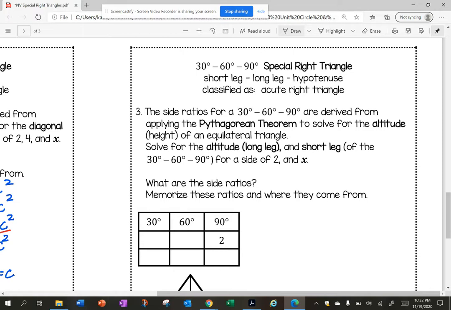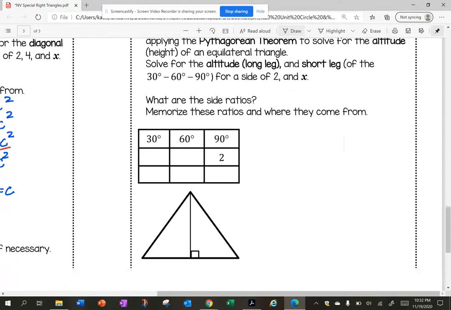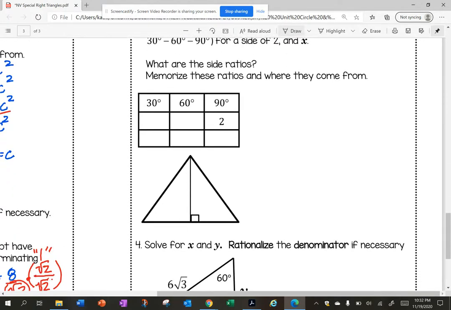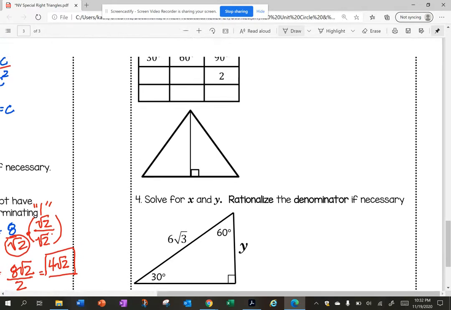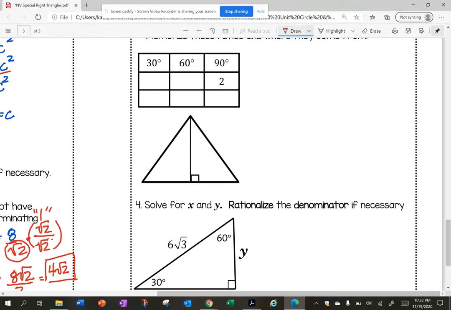Okay, so where do these ratios come from? These ratios come from an equilateral triangle. I know when I have an equilateral triangle, all 3 sides are equal. So let's say my sides are 2.